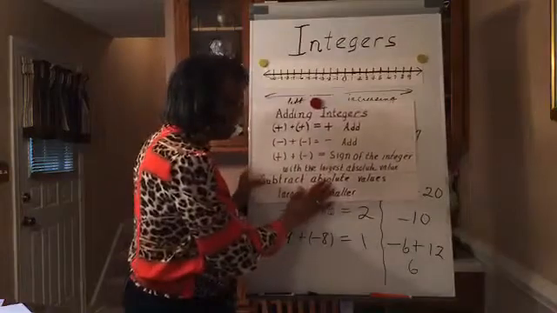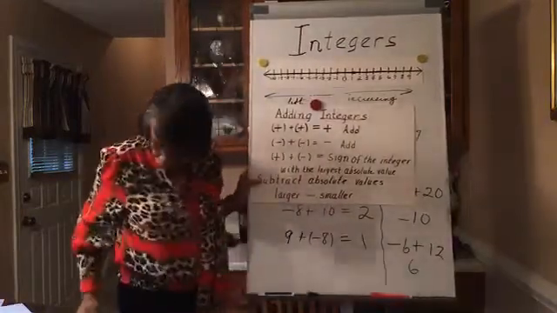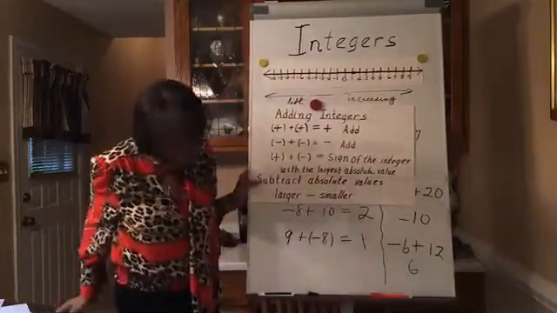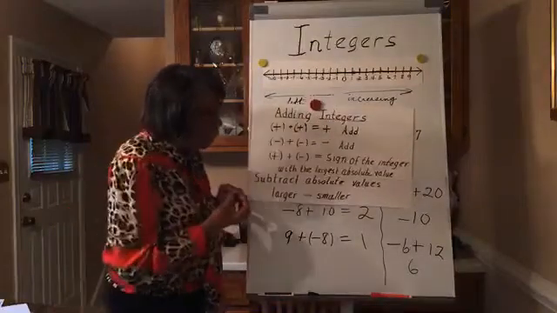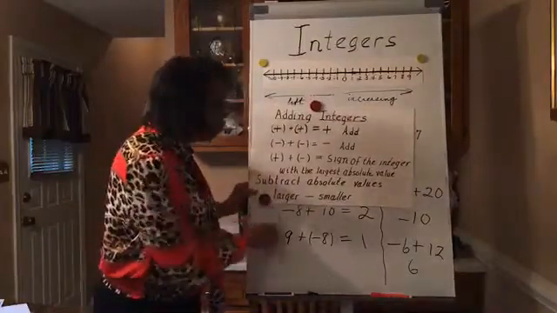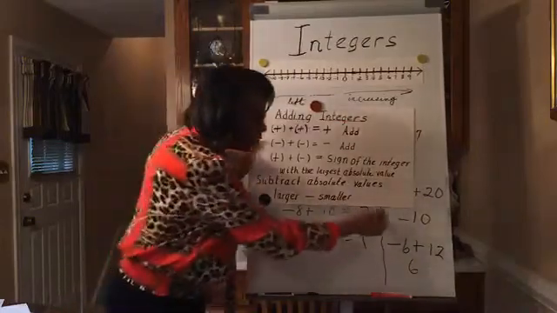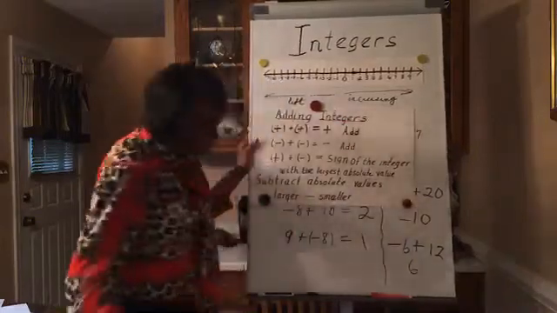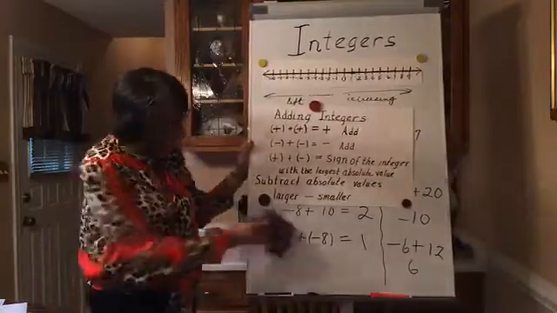All right, adding integers. You may want to write this down, so I'm going to talk while you are writing, because you need to have something to look back at.